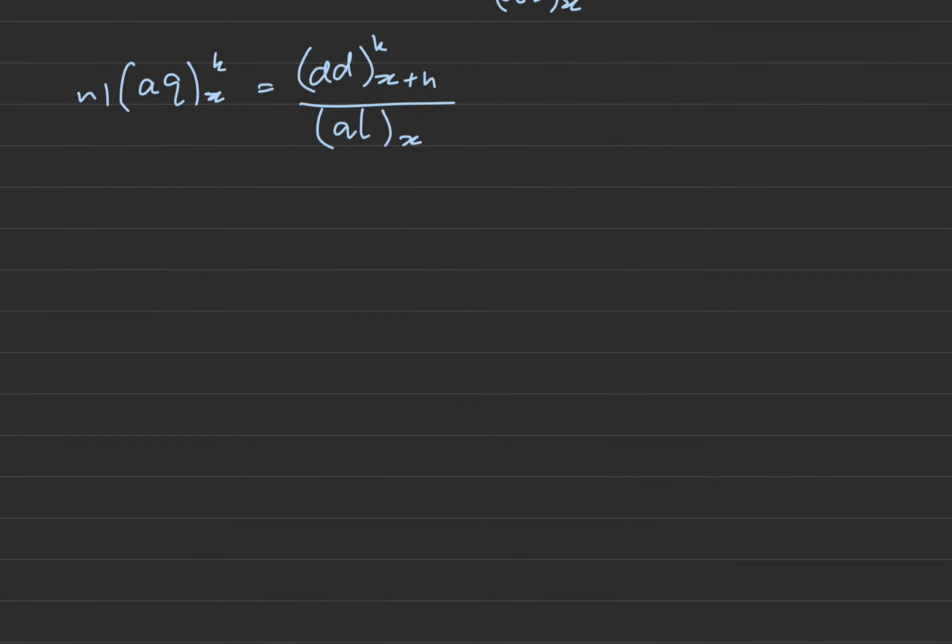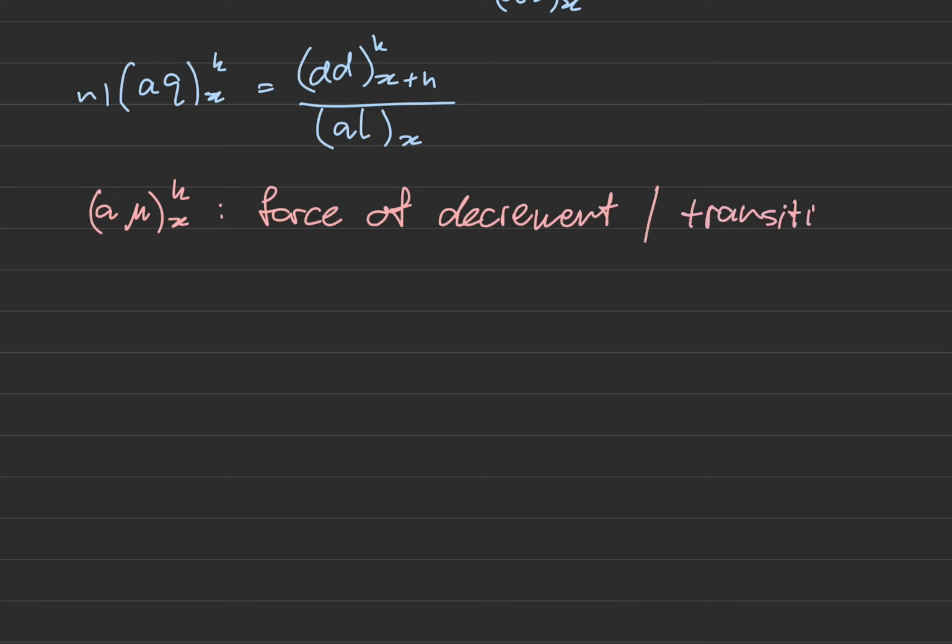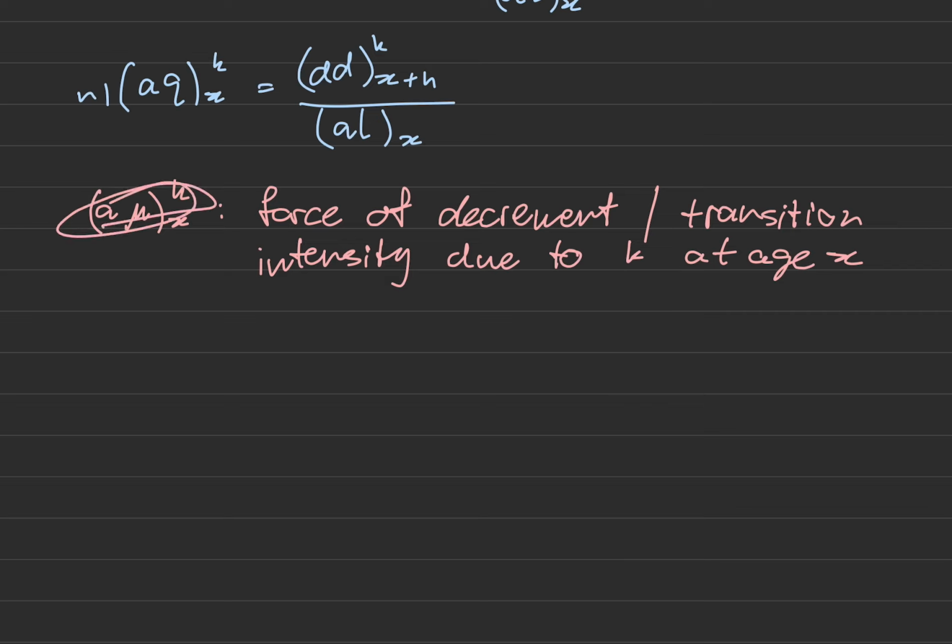Now we define A mu xk to be the force of decrement or the transition intensity due to k at age X. So due to the decrement k at age X. So this is our force of decrement, or our transition intensity.